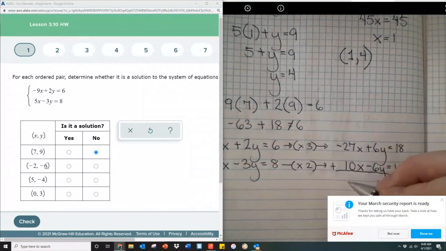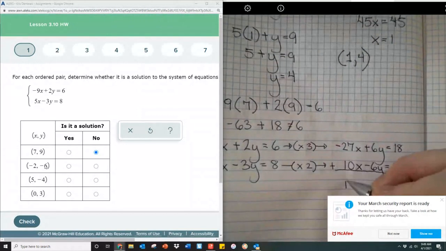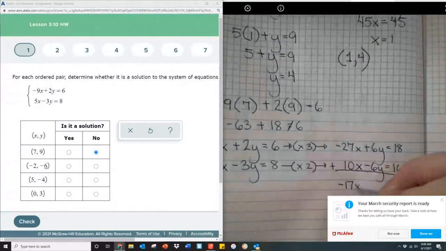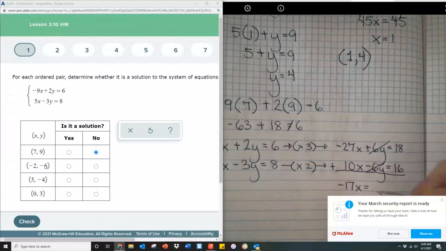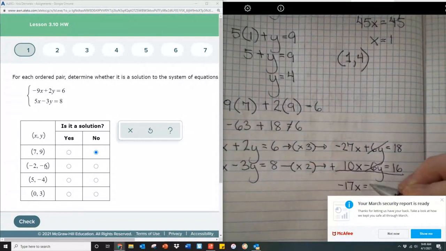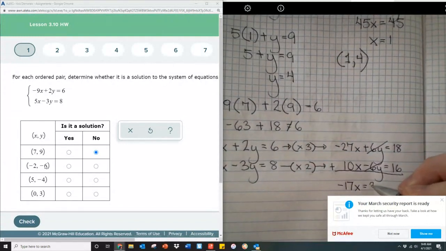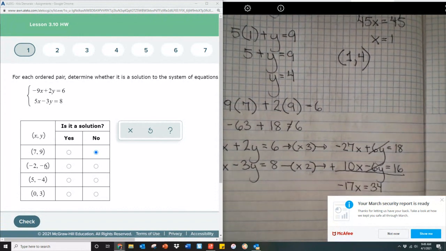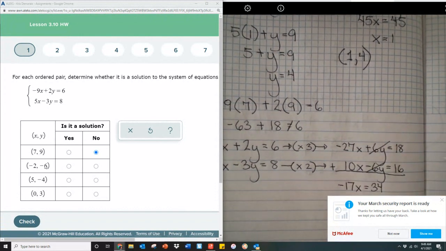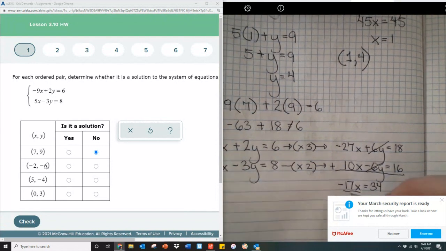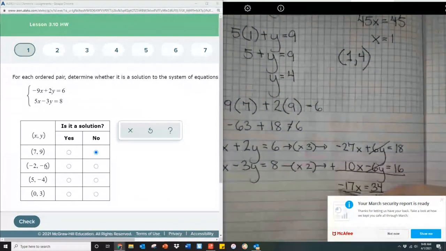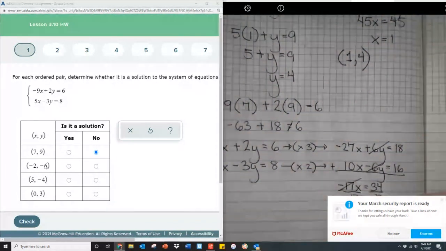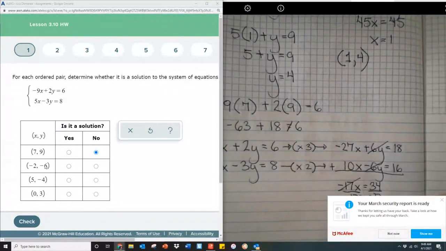See, I add this together, and I'm going to get negative 17x. This is going to eliminate this. And that's going to leave me with 34. Now that I divide by negative 17, I have x equals negative 2.